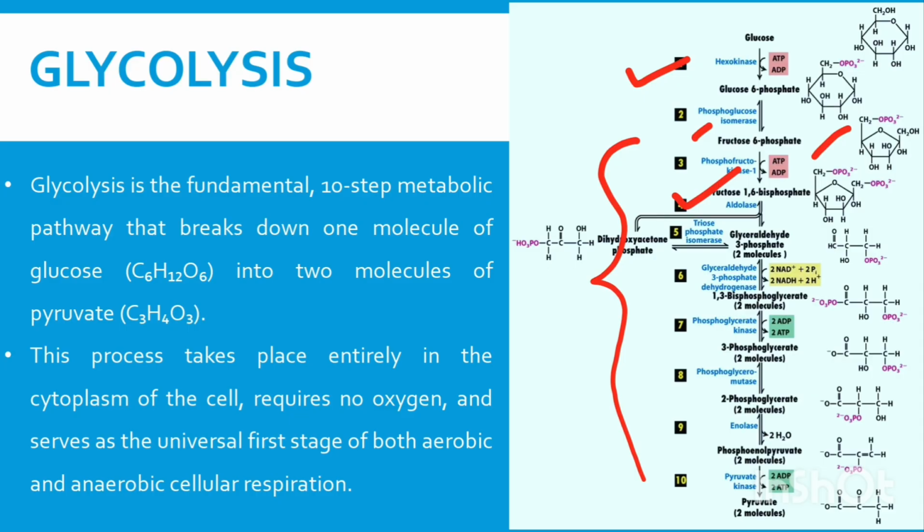The next one is the cleavage step to form glyceraldehyde 3-phosphate plus dihydroxyacetone phosphate from fructose 1,6-bisphosphate. So it is a cleavage reaction. Then the next one is an isomerization reaction, where dihydroxyacetone phosphate isomerizes to form glyceraldehyde 3-phosphate.